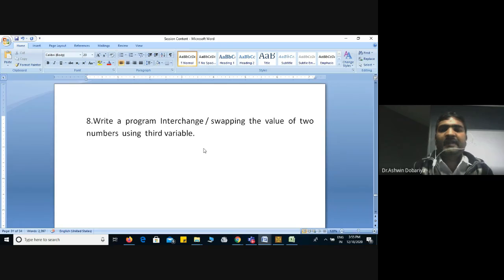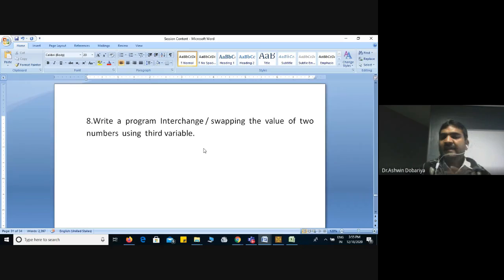Let me give you a practical example. Suppose I have a Splendor bike, and you have an Activa. So I am the X variable, you are the Y variable, and we are both going for a long drive, for example.